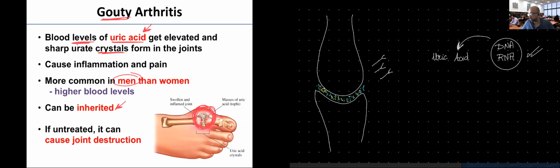One of the most common joints to be affected in gouty arthritis is the tarsophalangeal joint of the big toe. This is one of the most common sites for gouty arthritis. If left untreated, this is going to cause joint destruction.